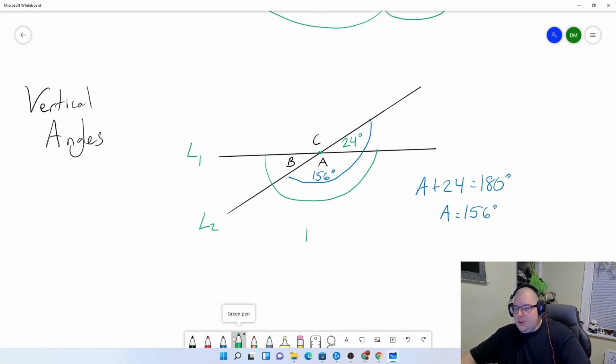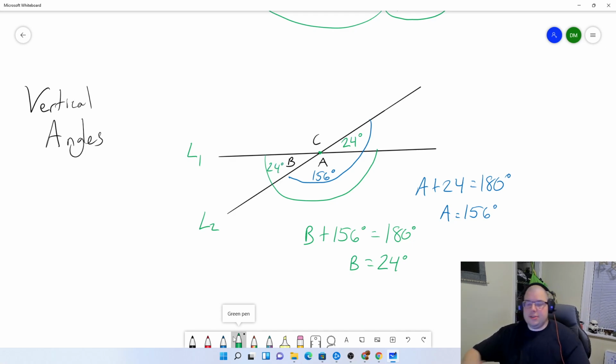So angle B plus 156 degrees, which I know came from knowing the other angle was 24, should equal 180 degrees. And now I subtract 156 from both sides, and now that means that B is equal to 24 degrees.